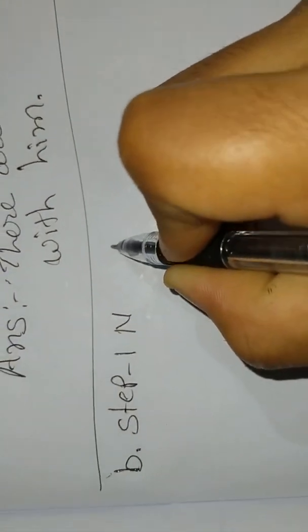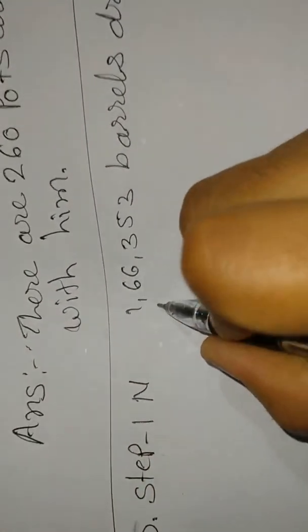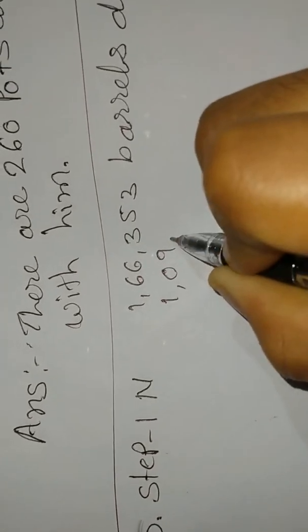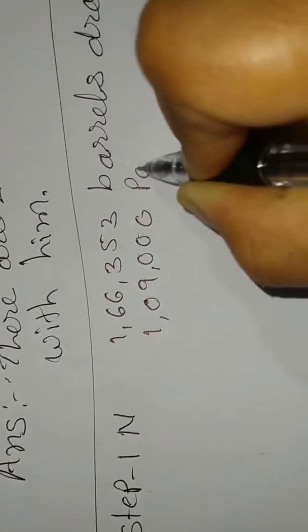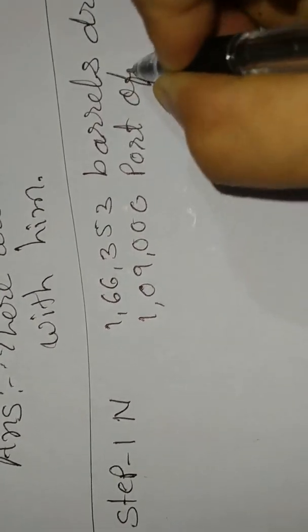So the numbers are 1,66,353 barrels, drops, and 1,09,000 barrels at the port of Kolkata.